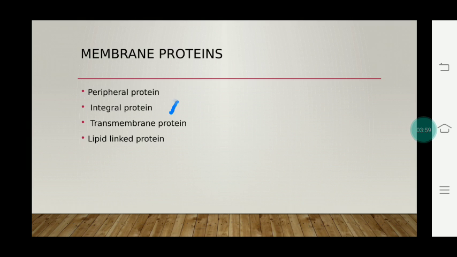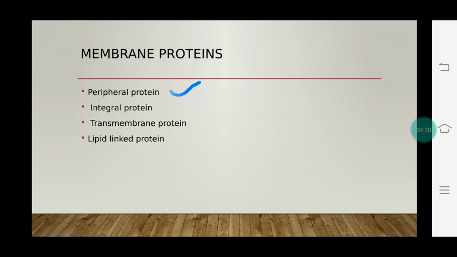This procedure interferes with the weak non-covalent interactions between protein and protein or protein and membrane lipid, but leaves the lipid bilayer intact. These proteins are referred to as peripheral proteins, or also called extrinsic proteins.